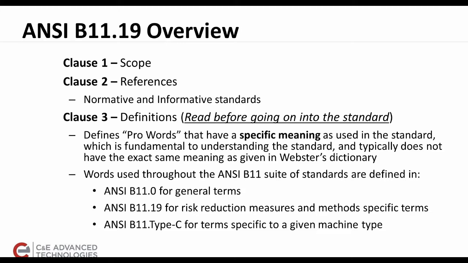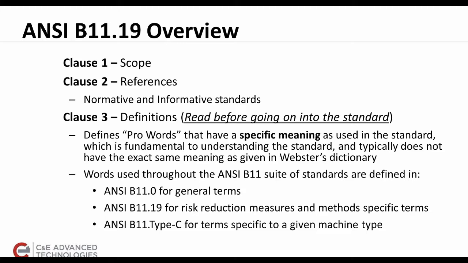The general terms that are used within the standard are defined in B11.0, that A-level standard we talked about. B11.19 definitions are specific risk reduction measures terms, and then in a type C standard, you would get the definitions for machine-specific items, such as what is a ram, what is a slide lock, and so on.